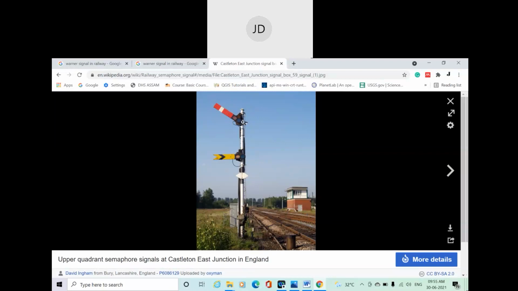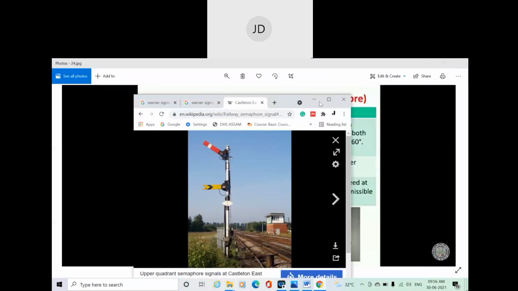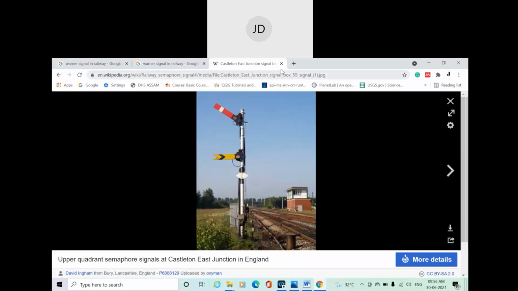Of course, you can understand, right? It is used in an upper quadrant, right? But this particular lever arm is at about 45 degrees with the horizontal. That means it can give an intermediate, that is, yellow light. But I don't know whether a yellow light is provided or not. It may be used in a different country. I have to go for the Indian one, so don't get confused. Different countries have different kinds of systems, right?